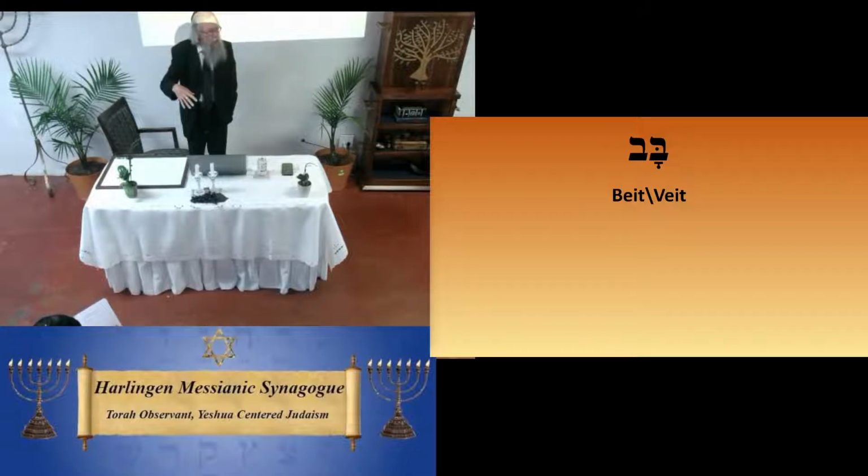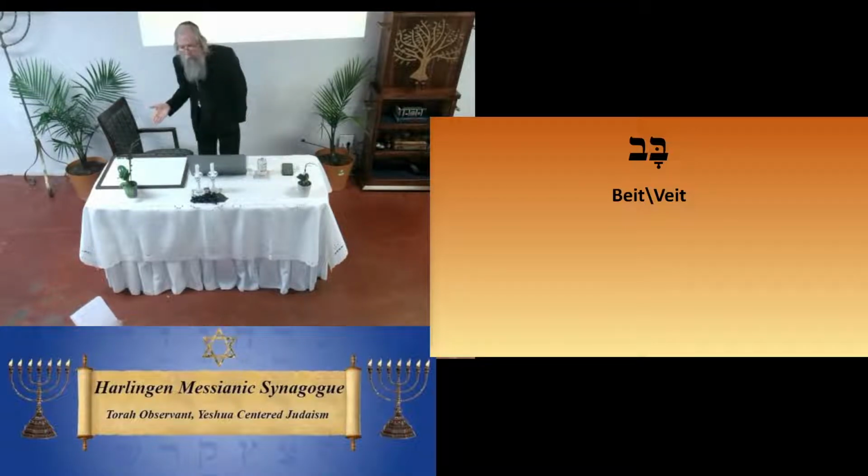So if you're spelling it with a B or with a V, with a Beit or with a Vav, it changes the significance of the word. So it's important for you to know, is this a Beit or is this a Vav? And we'll come to a Vav in a few weeks. It's the sixth letter. And we're on the second, so in about 4 weeks we're going to come to Vav.